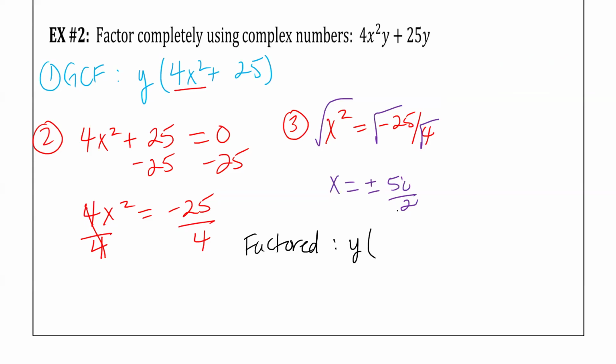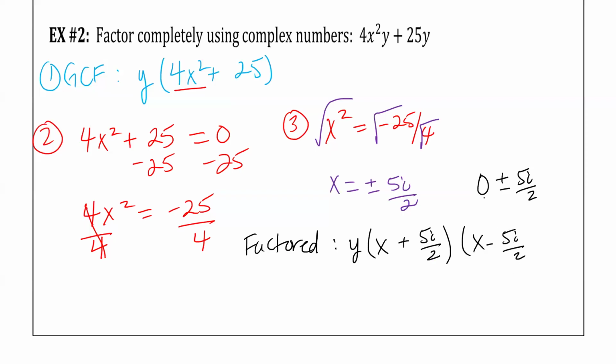It's all complex, right? So when you're writing this, I just want y'all to be mindful that this essentially is saying 0 plus or minus 5i over 2. Okay? So when you're writing the factored form, is there any point in me writing x minus 0? No. So make sure you just write x plus 5i over 2 and x minus 5i over 2.